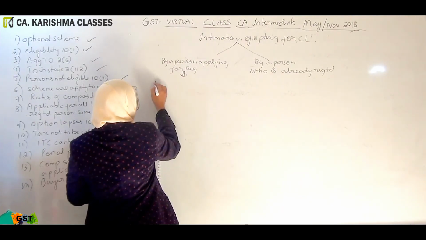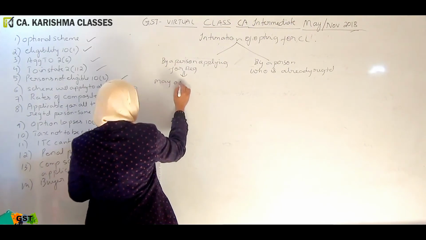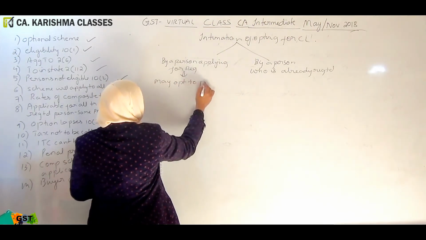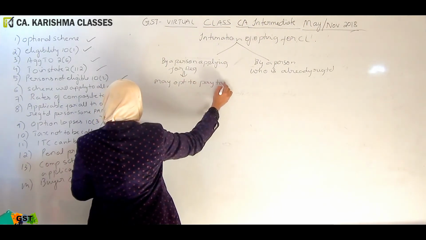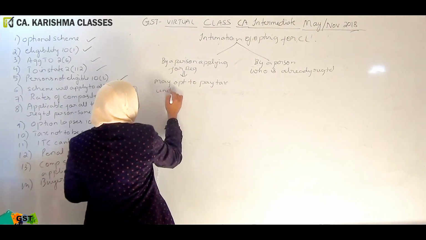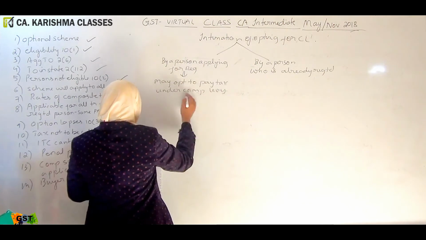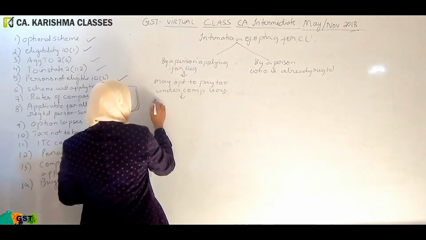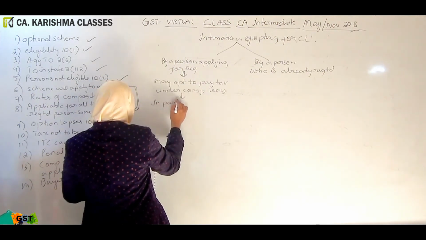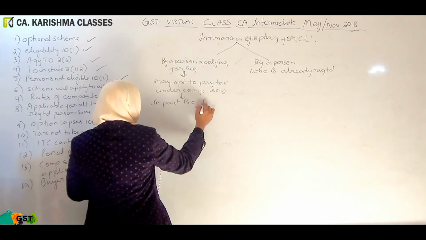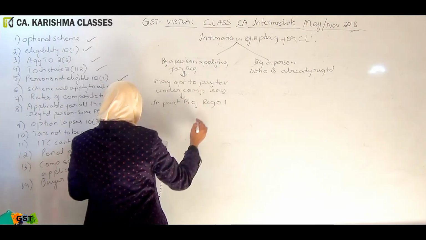This person may opt to pay tax under composition levy. How do you opt? In part B of registration form 01.